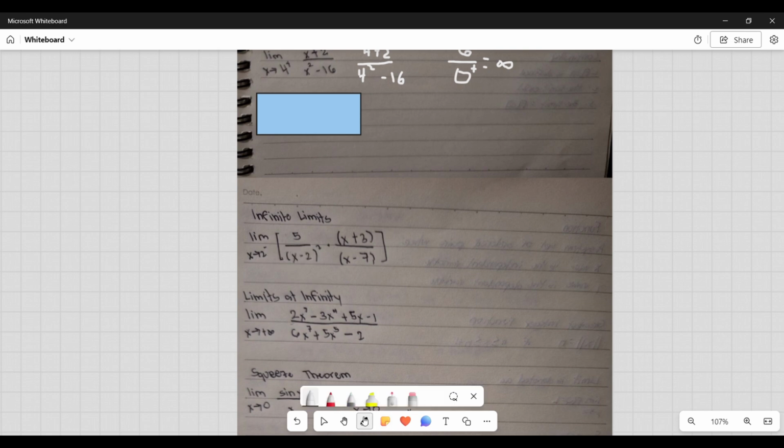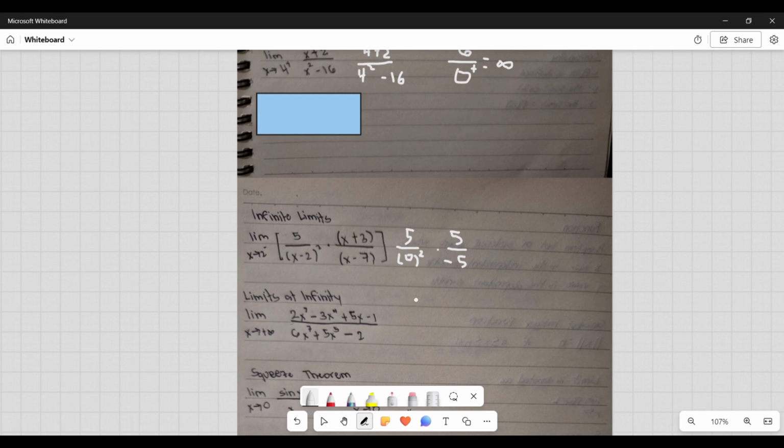If we substitute this, it's going to be 5 over 2 minus 2, which is 0 squared, times 2 plus 3, which is 5, and 2 minus 7, which is negative 5.